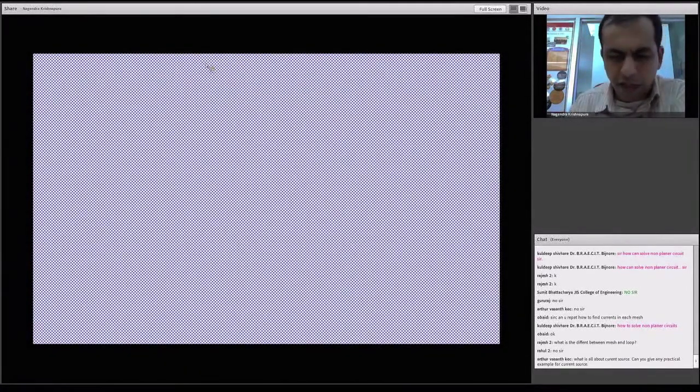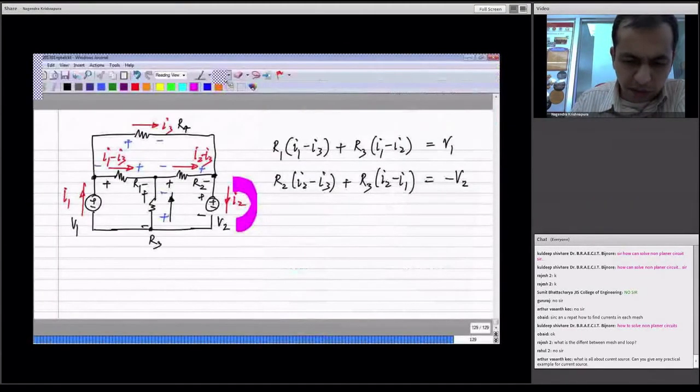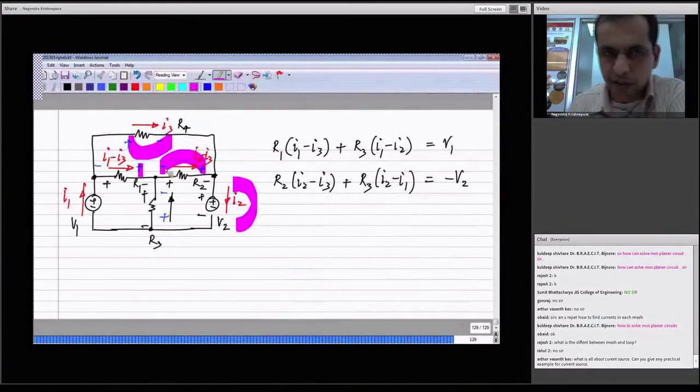Now finally, for the third loop, the voltage drop across this plus the voltage drop there plus the voltage drop there equals 0, because there are no independent voltage sources in the loop. Okay.